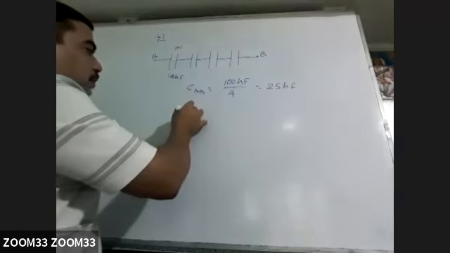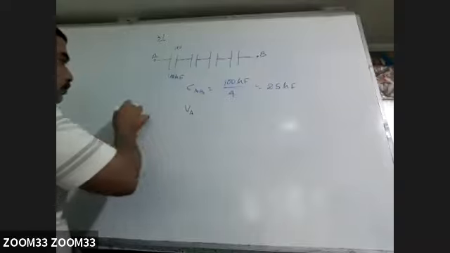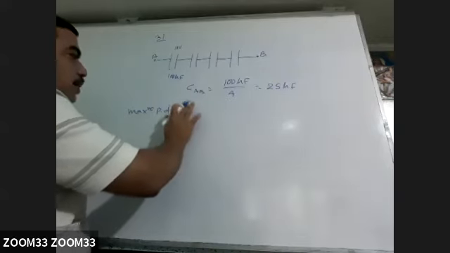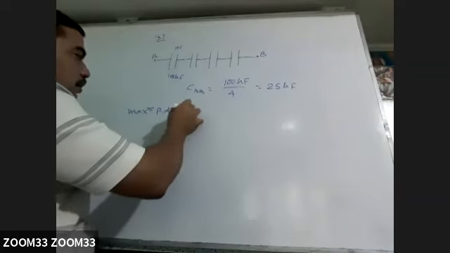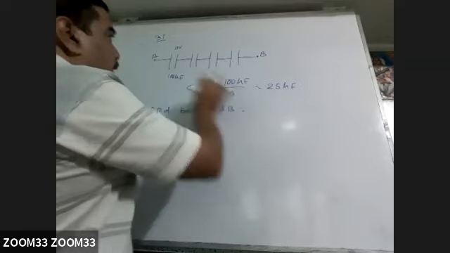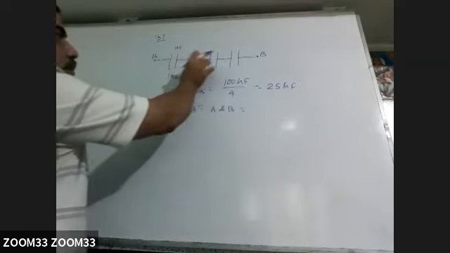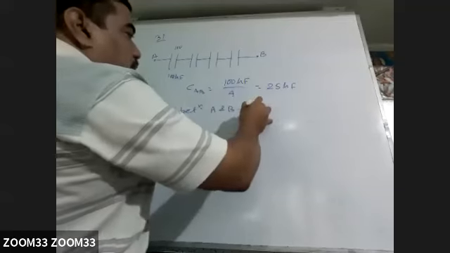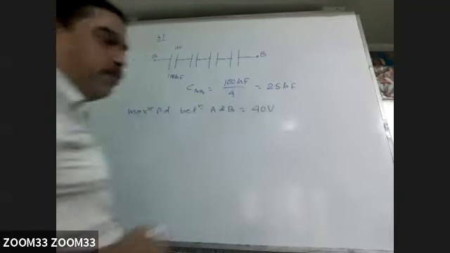What will be the maximum potential difference between A and B? It can be 10 volt, this 10 volt, this 10 volt, this 10 volt. That is from here to here, the maximum potential difference can be 40 volt.